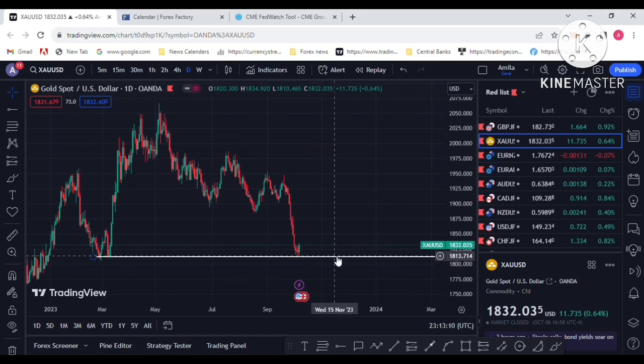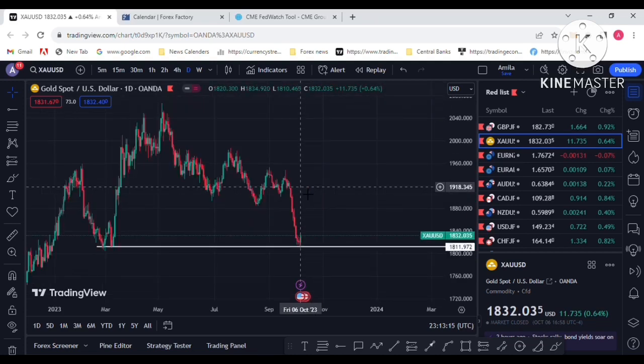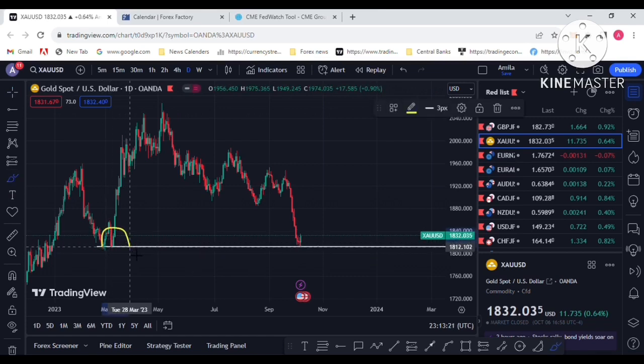So what will be going on with gold? I am on the daily chart of gold. You can see the left side: this year in March, Silicon Valley Bank crashed in the USA. The buyers were active in this area, and gold reached about the 2000 level.